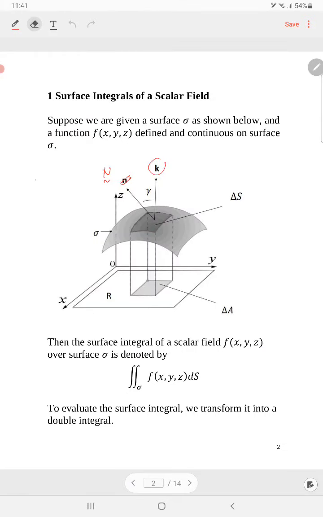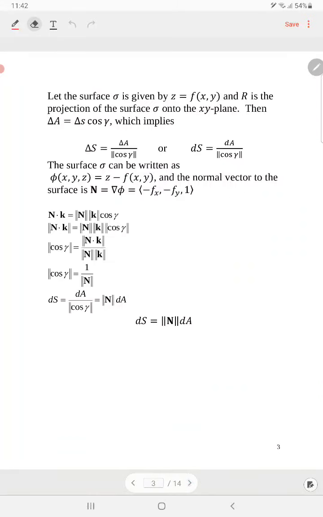If gamma is equal to 0, that tells us that delta S and delta A are parallel. Then cos 0 is 1, so delta S is exactly equal to delta A. But if gamma is not 0, then delta S is equal to delta A divided by the magnitude of cos gamma.